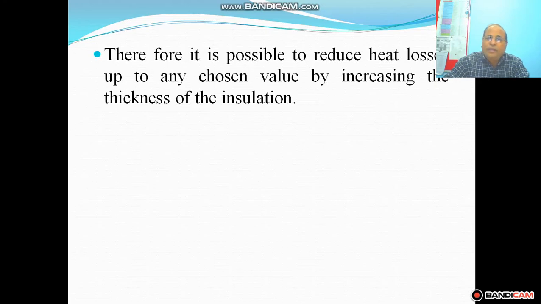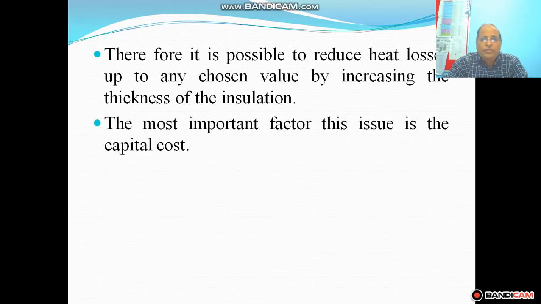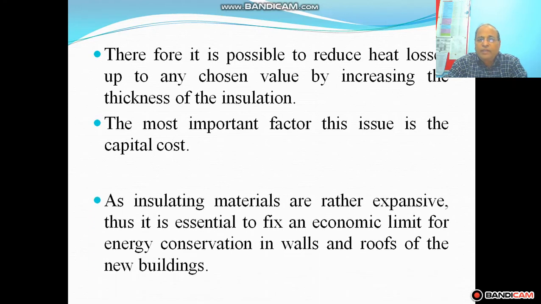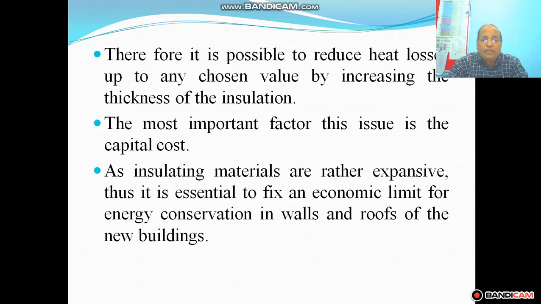Therefore, it is possible to reduce heat loss up to any chosen value by increasing the thickness of insulation. The most important factor in this issue is the capital cost. Insulating materials are rather expensive, thus it is essential to fix an economic limit for energy conservation in the walls and roofs of the new building.